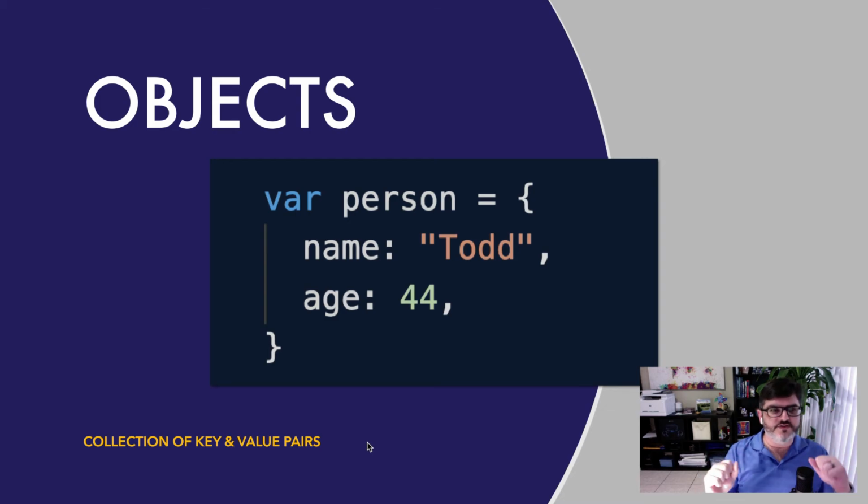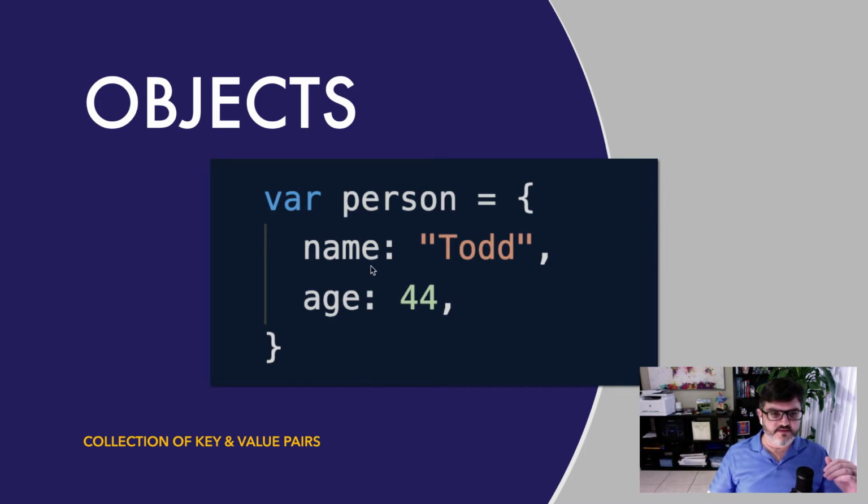I just want to introduce this, that JavaScript and many languages have this idea that variables can be constructed to be more complex. So here I've created a variable called person, where that person has a name, Todd, and has an age, 44. Right? So an object is a collection of key and value pairs.